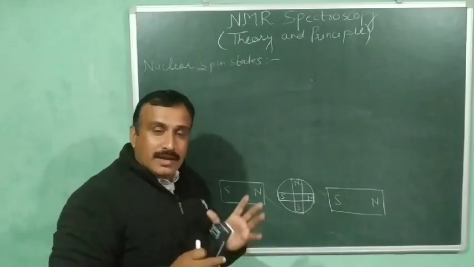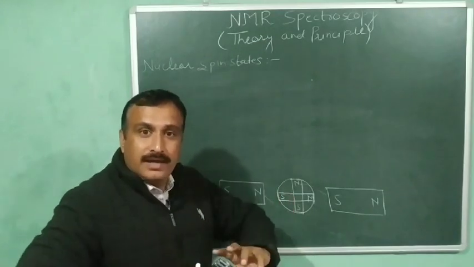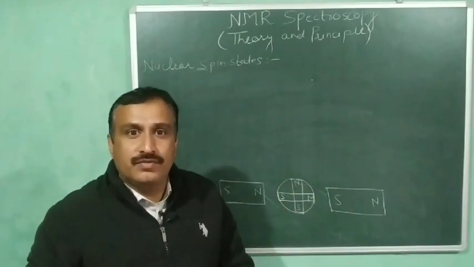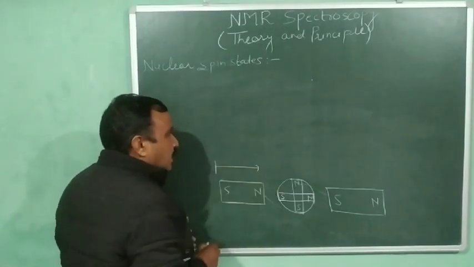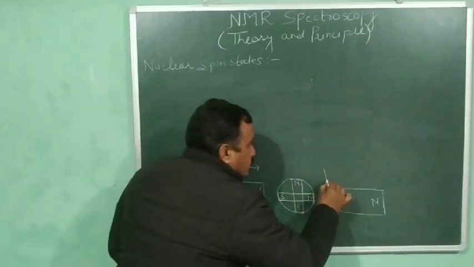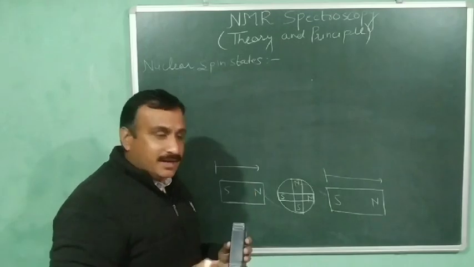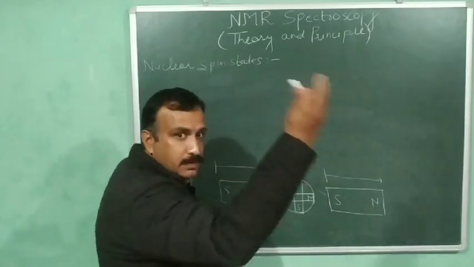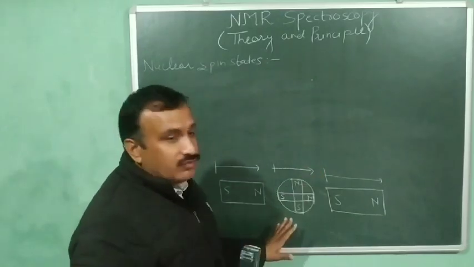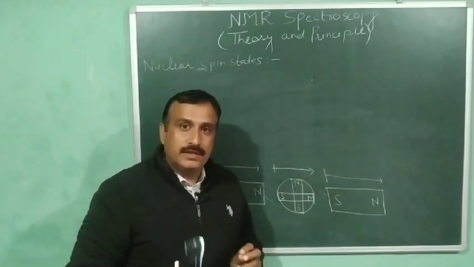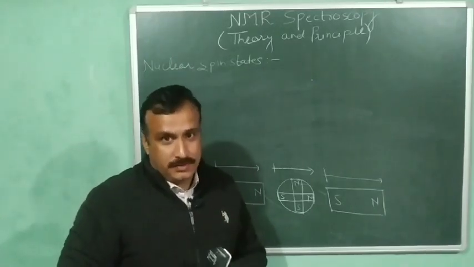Okay, now I can say that this proton magnet has aligned with the direction of the magnetic field, because the direction of the magnetic field is from south to north here, south to north here also, and the direction of the nucleus magnet is also from south to north. So when this is the case, then we say that this nucleus has aligned with the external magnetic field.